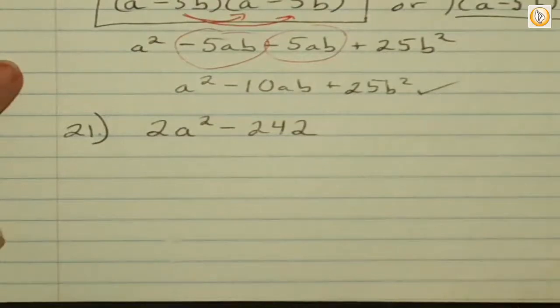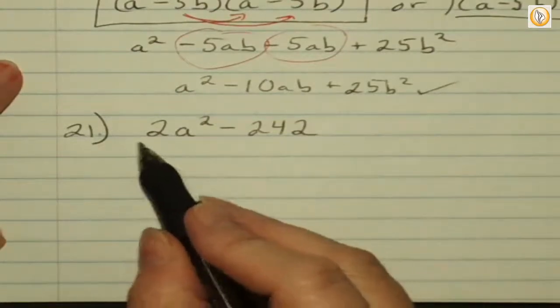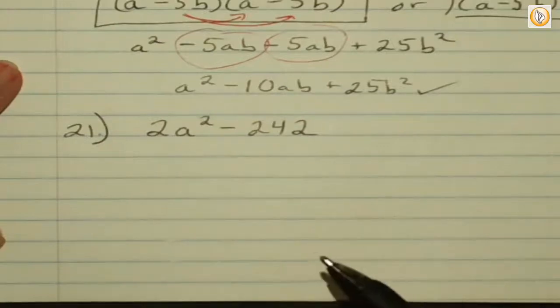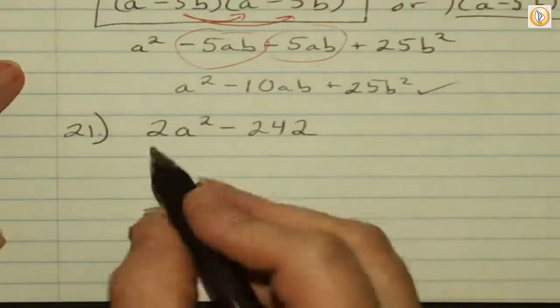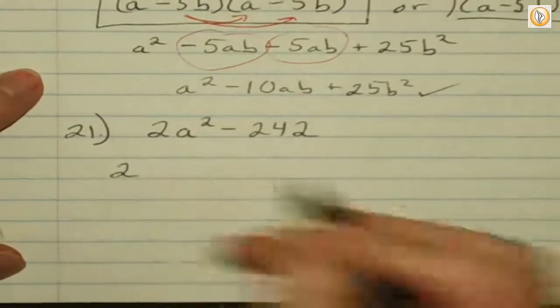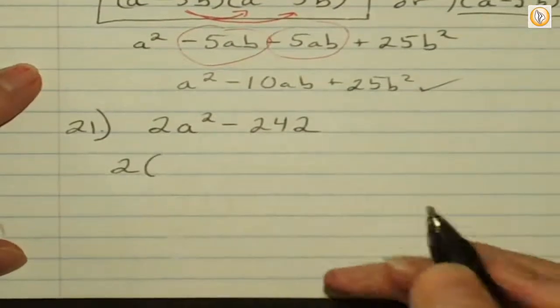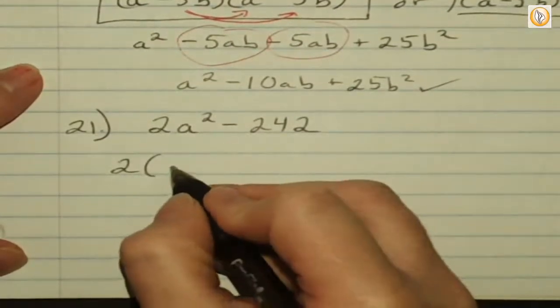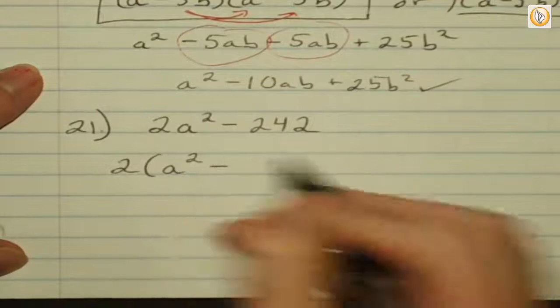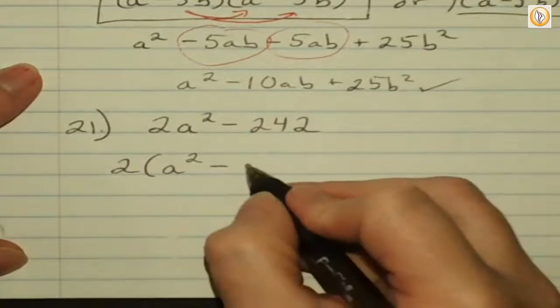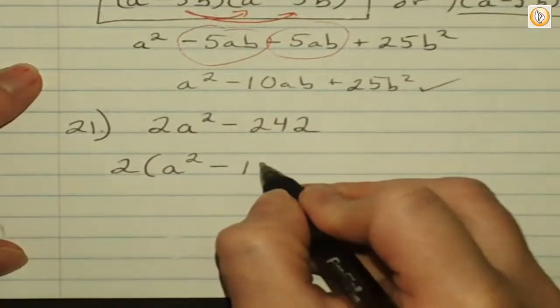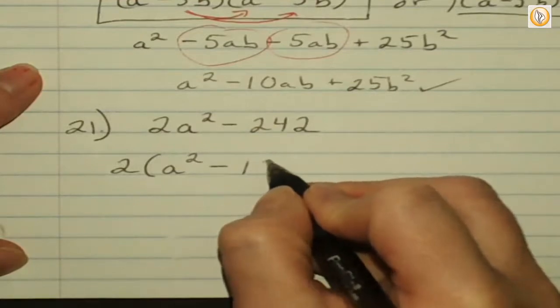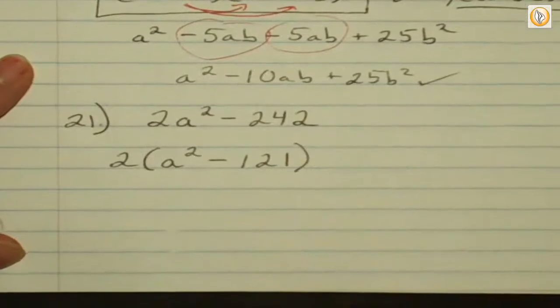Chat, do they have anything in common? 2. So we can pull out 2. What are we left with? A squared minus 121. Now.